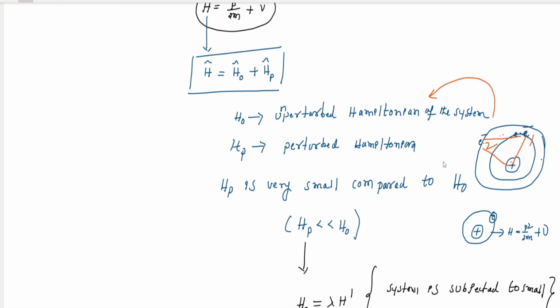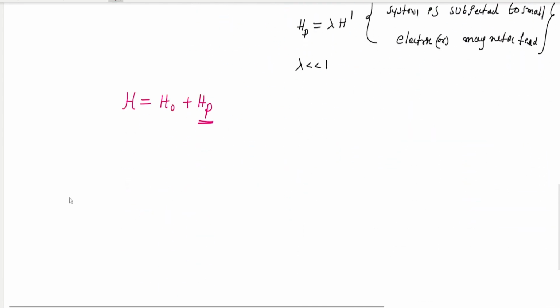When we solve the approximation, this small energy we are going to calculate. So the new Hamiltonian is H equal to H naught plus lambda H prime. Now this is the new Hamiltonian of this system.